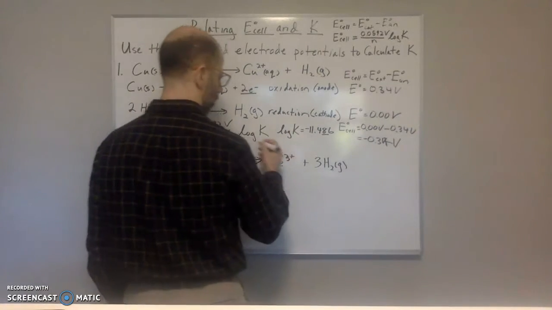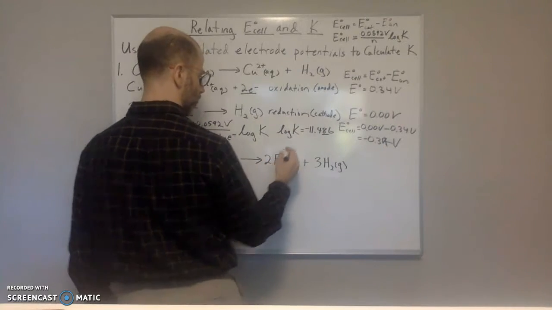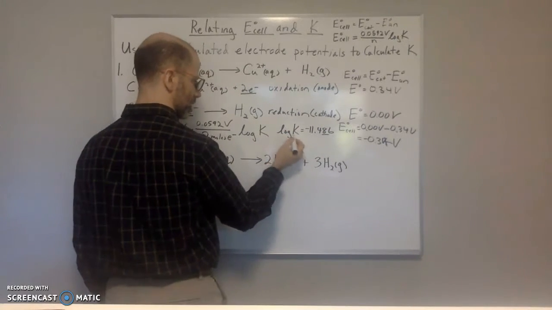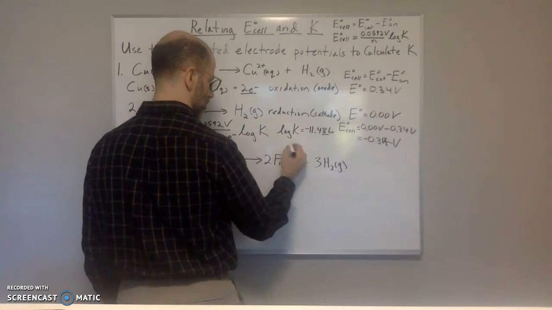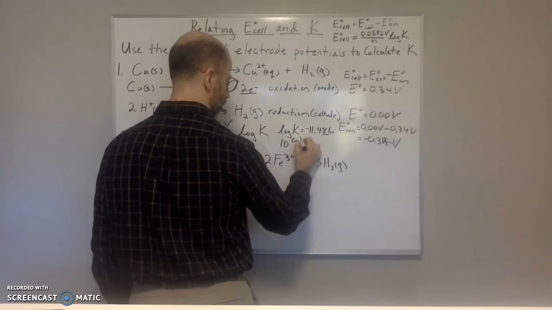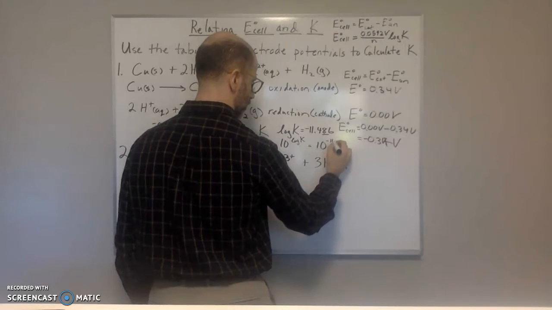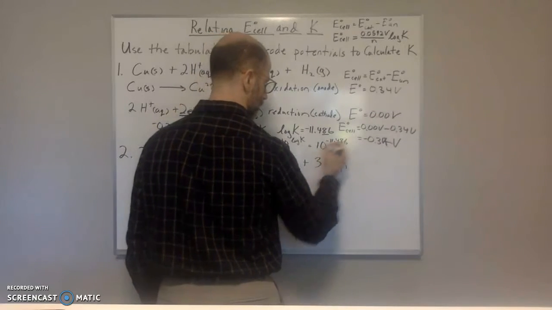And now when you solve the log, you raise everything to the power of 10 because it's log base 10. So it'll be 10 to the log of K is equal to 10 to the negative 11.486.